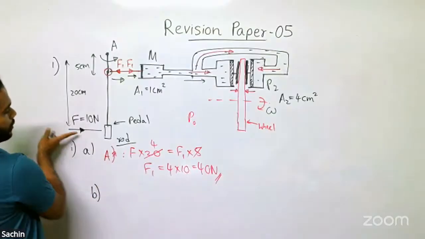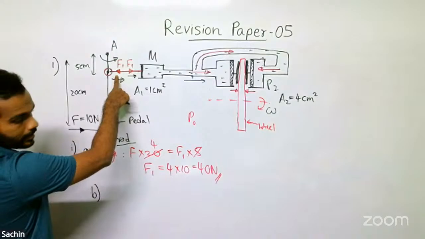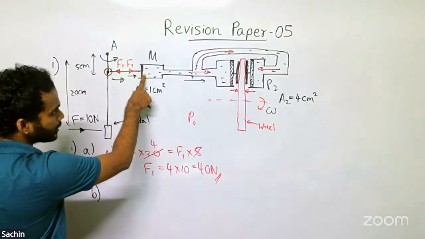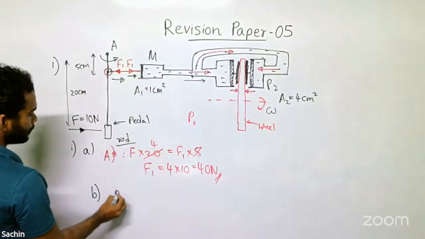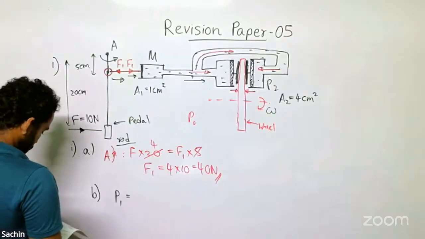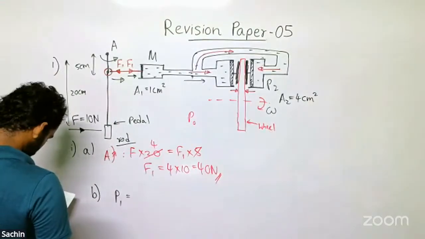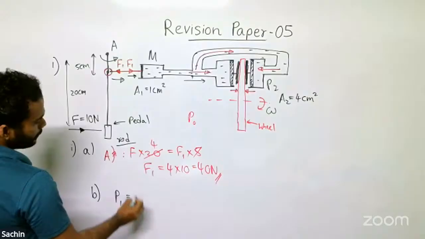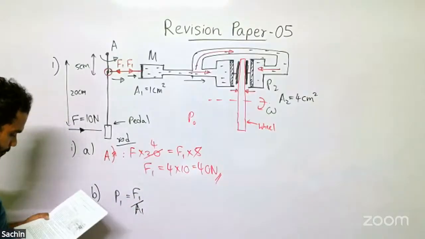Because of this force applied here, there will be forces exerted on this rod. That means there will be some force exerted on this piston. Because of this force, there will be a pressure. We have called it P1. So pressure P1 is equal to force divided by area.